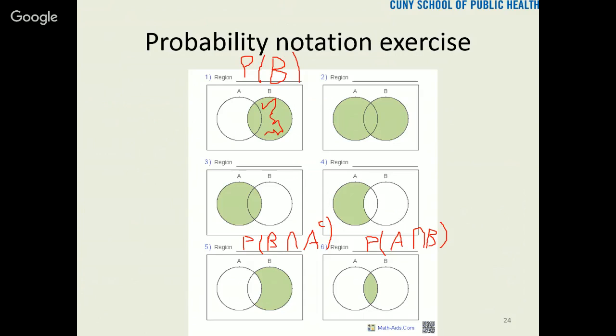Because it's kind of the sum of these bottom two, the union of those two. So we could have written the answer to 1 as the probability of B intersect A complement, union the probability of A intersect B, if you wanted to be complicated about it. But it also happens to just be the probability of B.